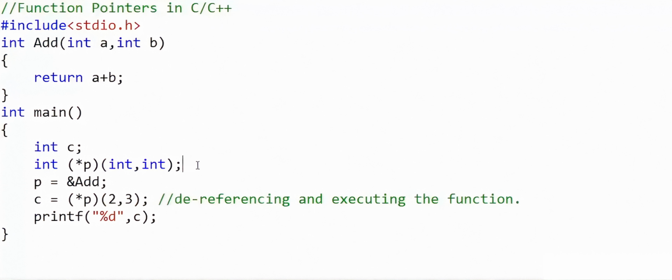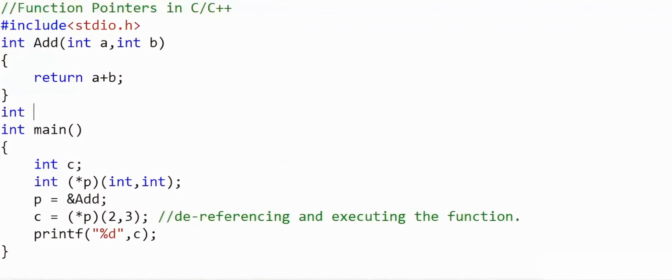One thing about the syntax of function pointer declaration: we are putting the identifier or name of the pointer within these parentheses. If we did not use the parentheses, then it would mean that we are declaring a function that will return a pointer to integer in this case.